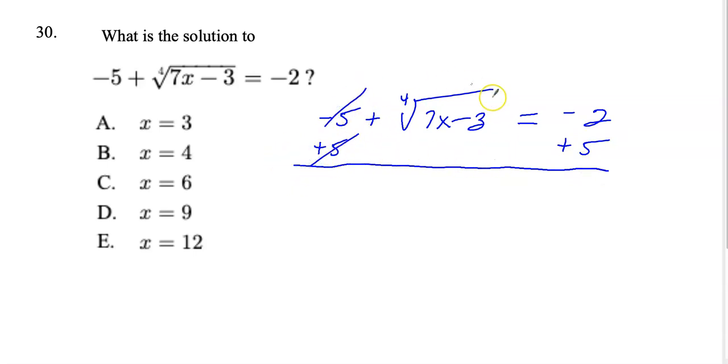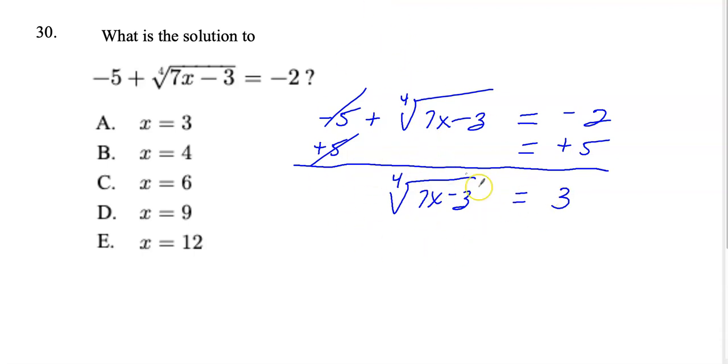I'll bring this down, the 4th root of 7x minus 3. Bring down my equal sign. And what's negative 2 plus 5? Well, think of temperature, right? If it's 2 below 0 and it goes up 5 degrees, you'll be at plus 3 above 0. So this is 3.